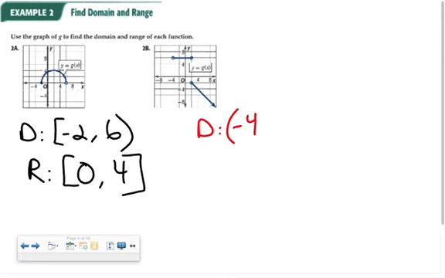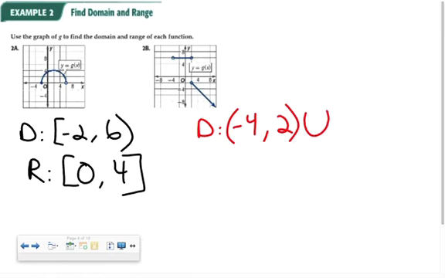It's an open circle, so that's why I'm putting a parentheses there. And going to the right, I see that there's something happening at 2. It's jumping, my graph is jumping down to something else. And at that 2, there's an open circle in both parts. So I'm going to close that with a parentheses.